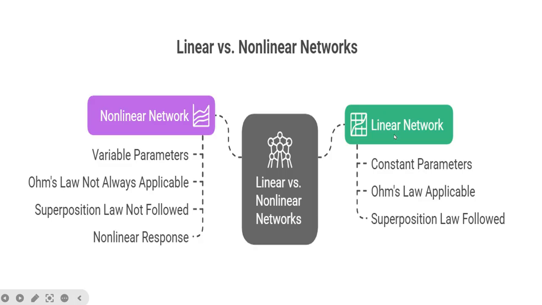Such a network is called as the linear network. And here for such type of networks, Ohm's law can be applicable. And the mathematical equations of these type of networks can be obtained by using the superposition laws. So this will follow the laws of superposition.